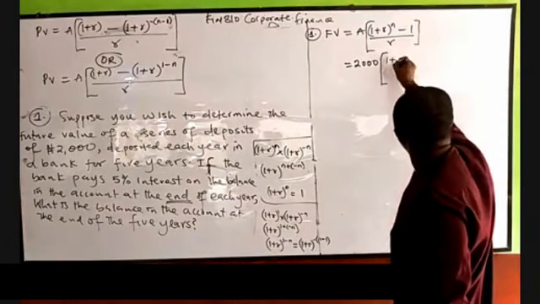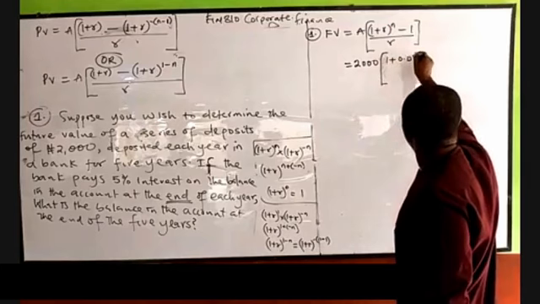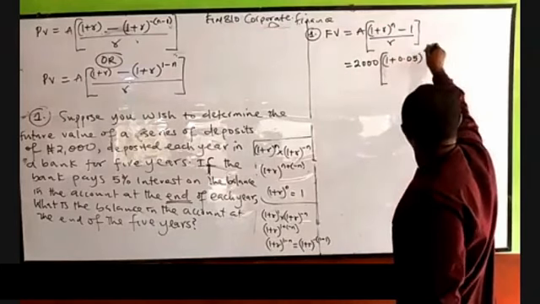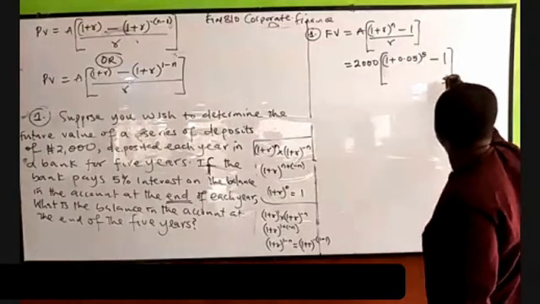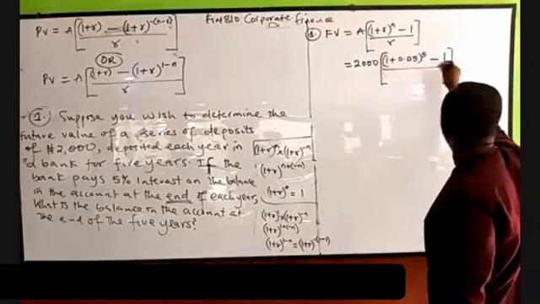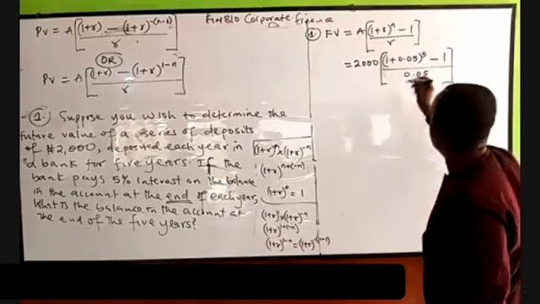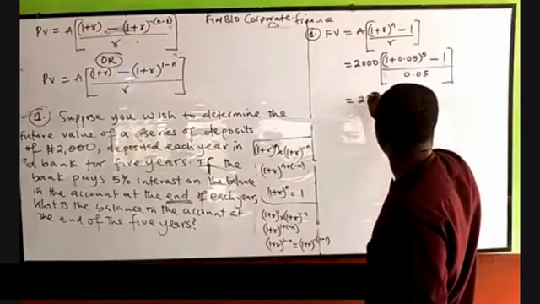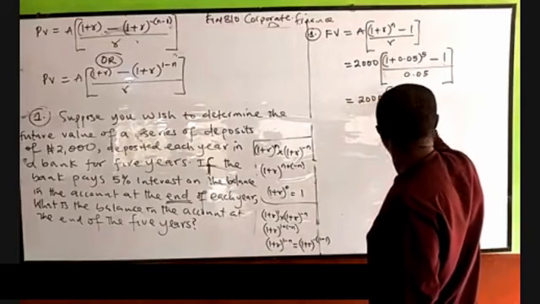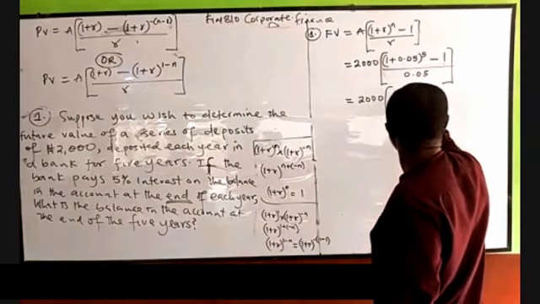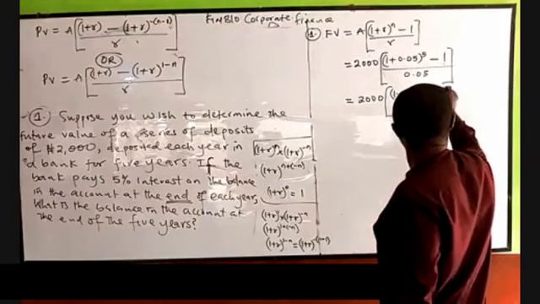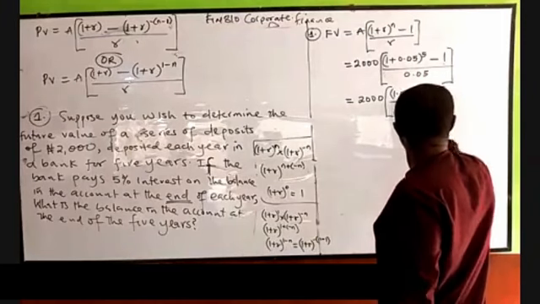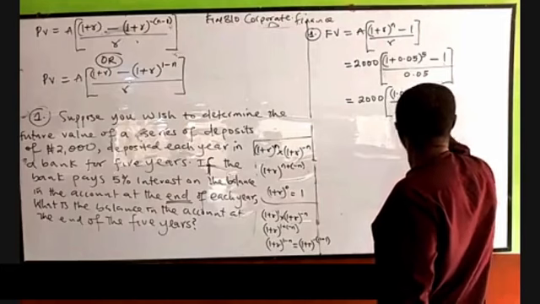So the problem now is just 2,000 into 5% is 0.05, abi. Number of years is 5 minus 1 all over 0.05. Is our calculator that will now do the rest, abi? There's nothing difficult there. This is 1.05 all raised to the power of 5 minus 1 into 0.05.